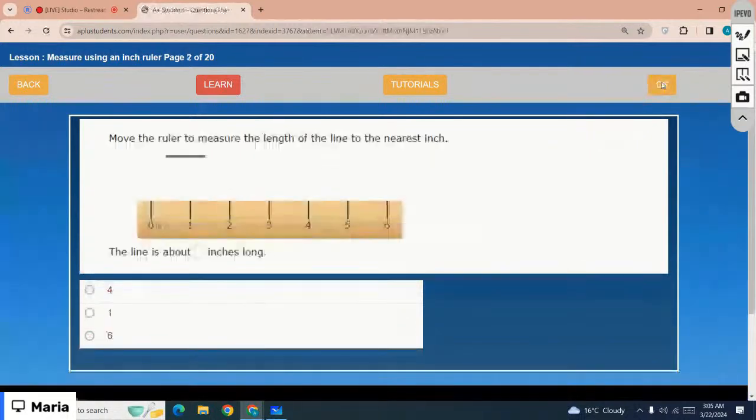Move the ruler to measure the length of the line to the nearest inch. The line is about, you have to line up the 0 with the left end of the line, right? And on the other end, you can find the measurement.